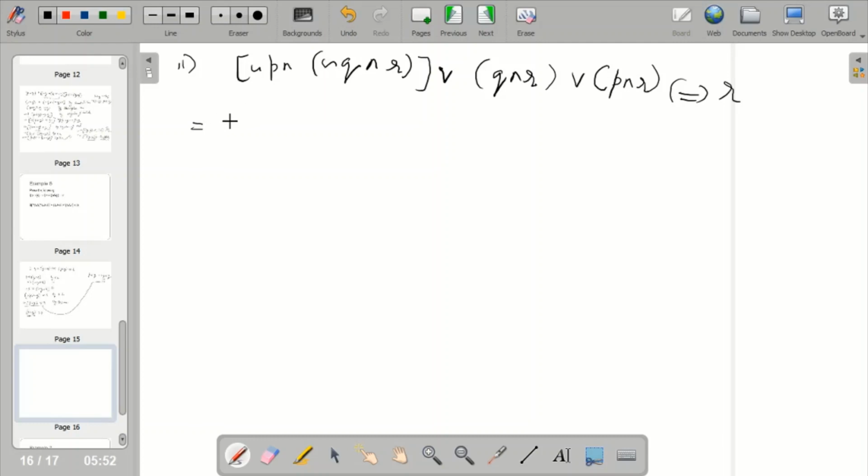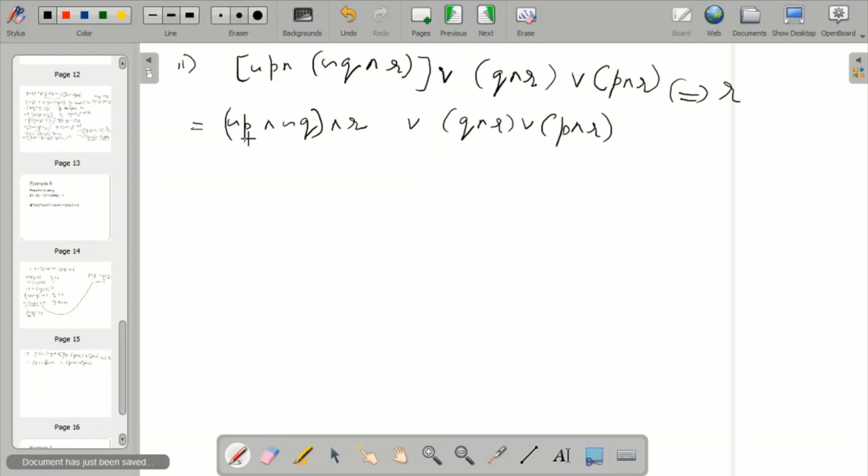Here we can change the bracket: negation P and negation Q, we'll put the bracket over here, and R. I write Q and R or P and R as it is. Here this will be in the form of negation of P or Q, and R.